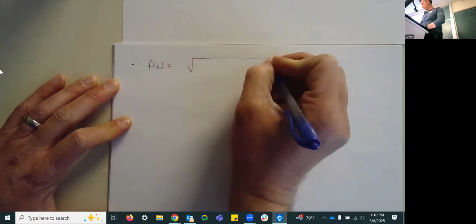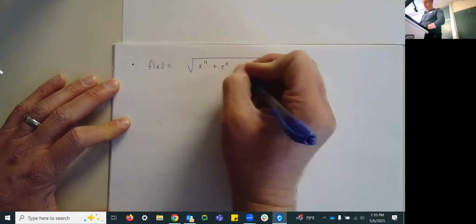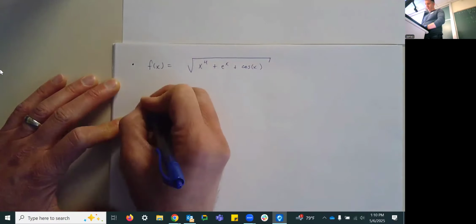Well, let's do a few more examples, which might not seem super straightforward at first, but they are not too terrible. So let's say we want to find the derivative for the function f of x equal to the square root of x to the 4th plus e to the x plus cosine of x.